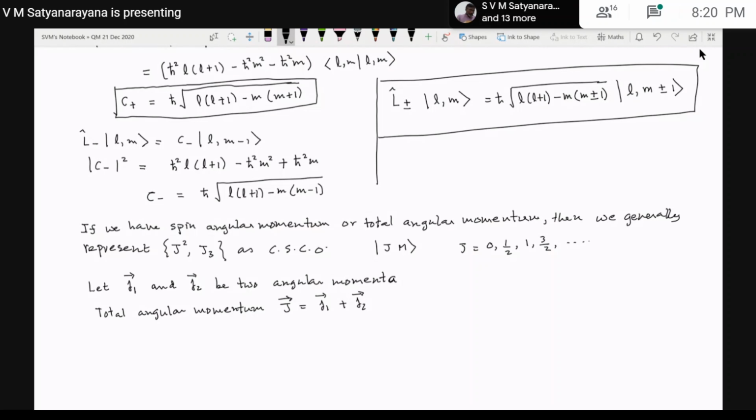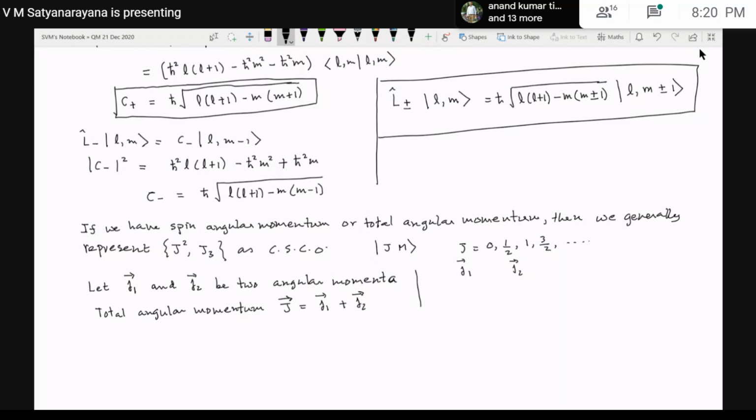This is angular momentum 1, and this is angular momentum 2.